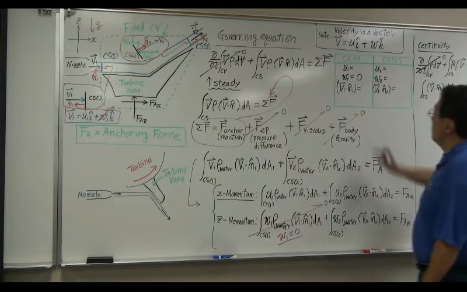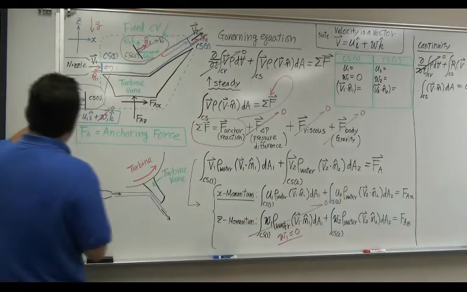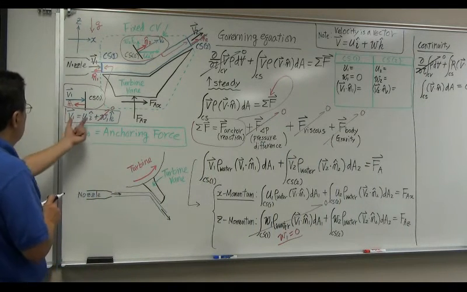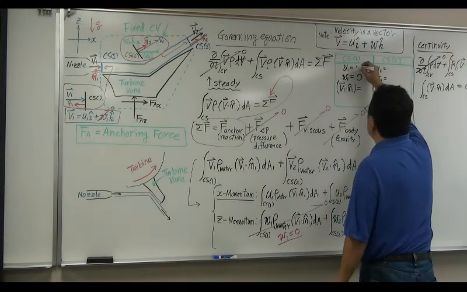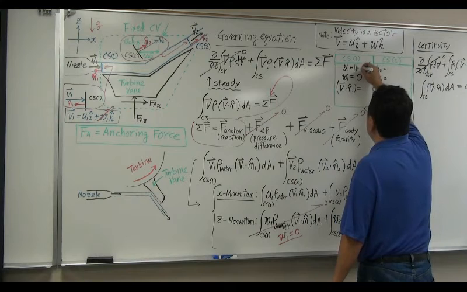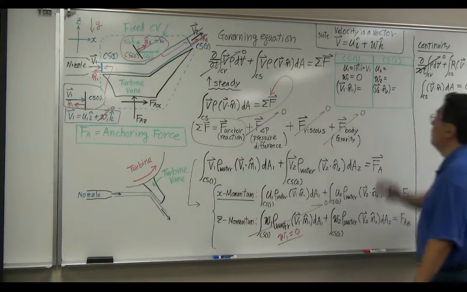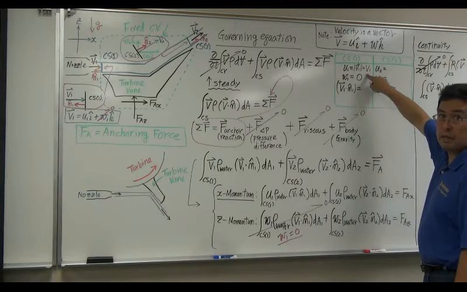So first of all, U1 is essentially just the magnitude of B1. We do know this is 10 feet per second, it's given to you, okay?